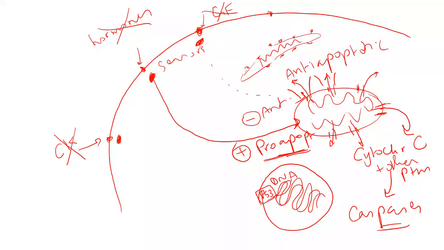If I have some damage in the DNA, by irradiation or by anything that caused this damage, this damage of DNA stimulates the p53. This p53 will stop everything to see what we are going to do with this damage. Can we repair this damage? So p53 will activate the repair enzymes.